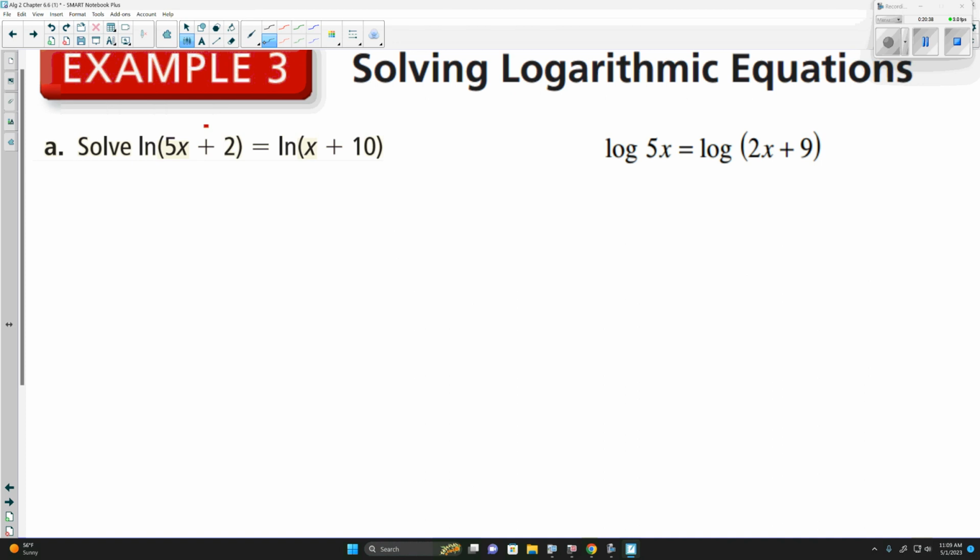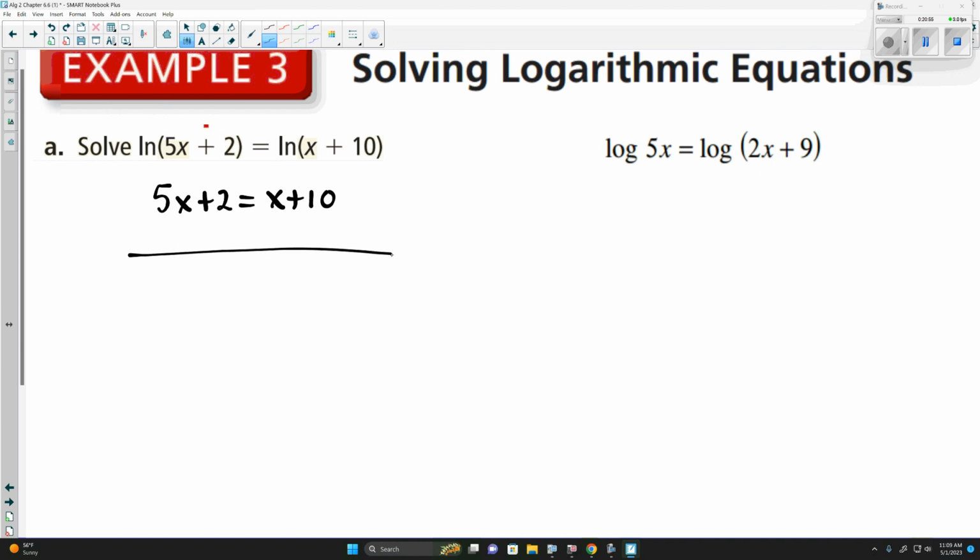So let's look at these last two here, and then we'll move on. Now, looking at this next one here, because both of them are natural logs, we can set what's inside equal. So we'd have 5x plus 2 is equal to x plus 10.